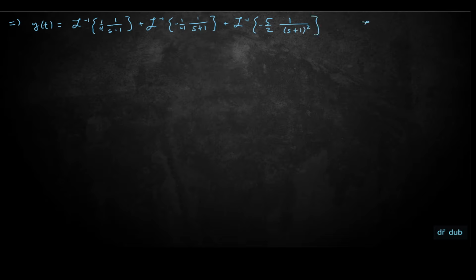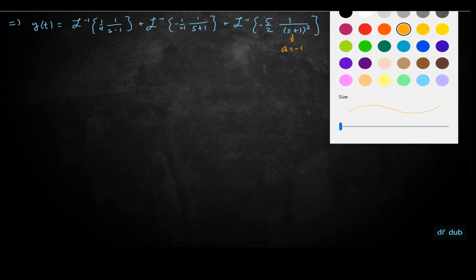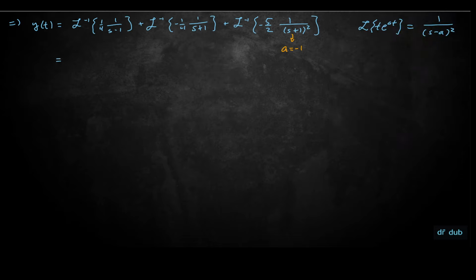And that one that I told you, remember, was Laplace of t e to the at is 1 over s minus a squared. So basically we have a is negative 1. So that's going to give us 1 over 4 e to the t minus 1 over 4 e to the negative t minus 5 halves t e to the negative t. And that's our solution.